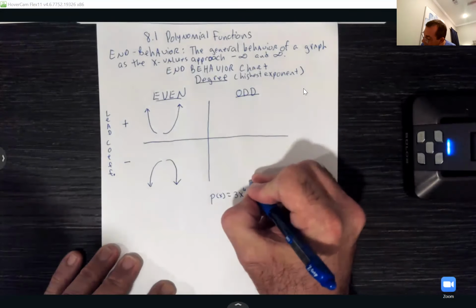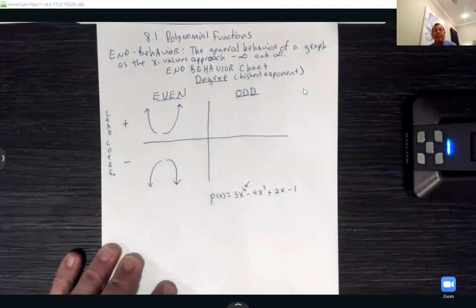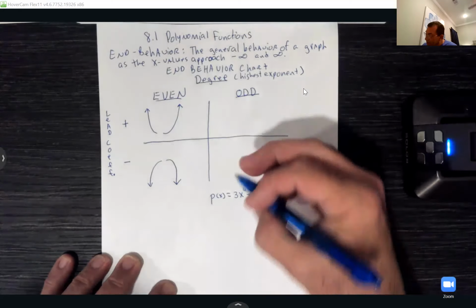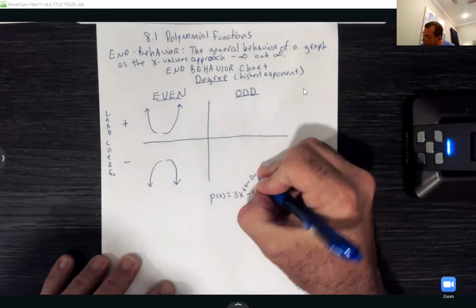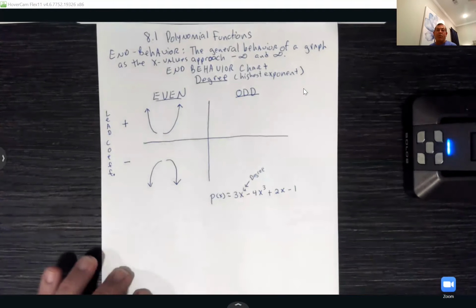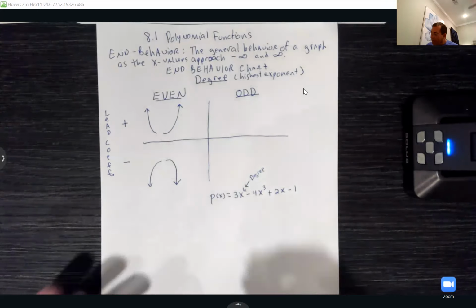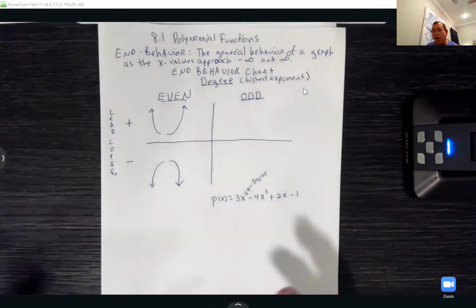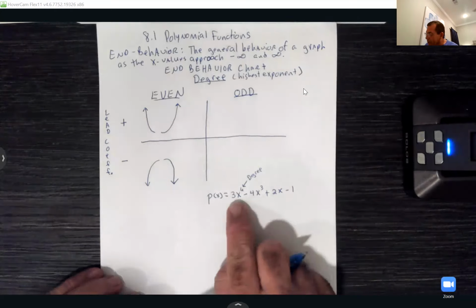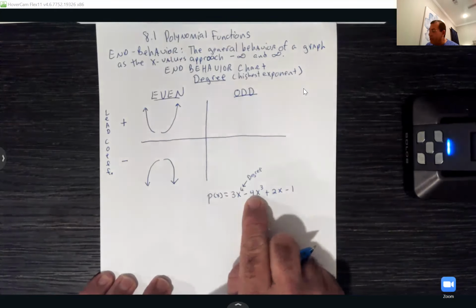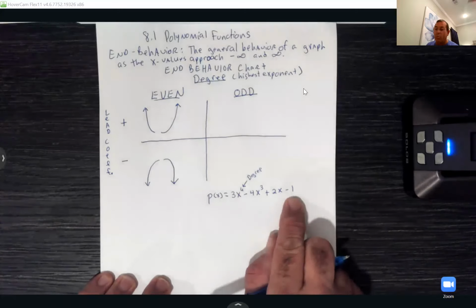Notice the highest exponent on this is a 6. So that means that my degree is 6. Remember the degree, like we said, was the highest exponent. Now, the whole term, and these are terms, the 3x to the 6th is a term, negative 4x to the third is a term, 2x, and a negative 1.